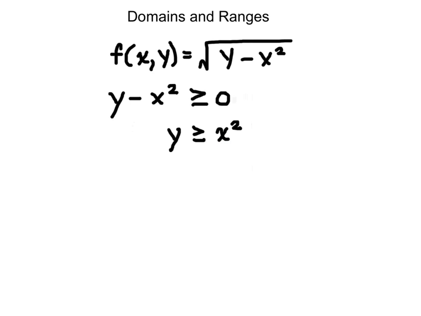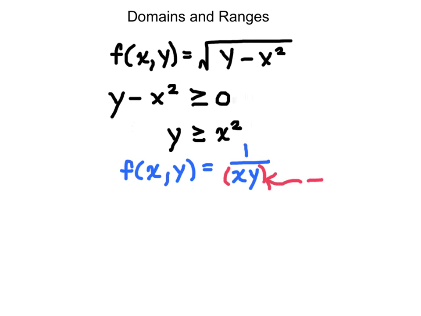Now let's take another function where our function f of x, y is equal to 1 over x times y. And in this case, our denominator here, x times y, cannot be equal to 0.